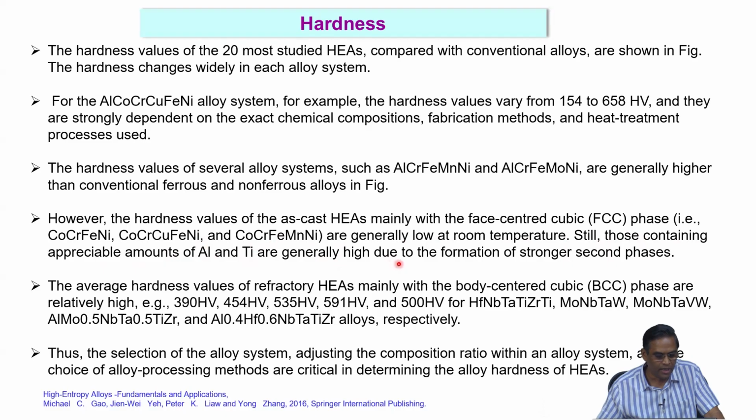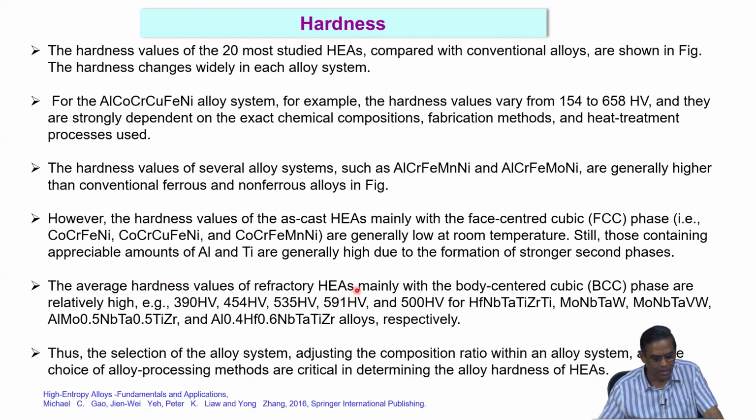Still, those containing appreciable amounts of aluminum and titanium are generally high due to formation of stronger secondary phases. So this is very important. Though we say that FCC high entropy alloys generally exhibit a low hardness at room temperature, with the addition of aluminum and titanium, because they form stronger secondary phases, the hardness value will be higher.